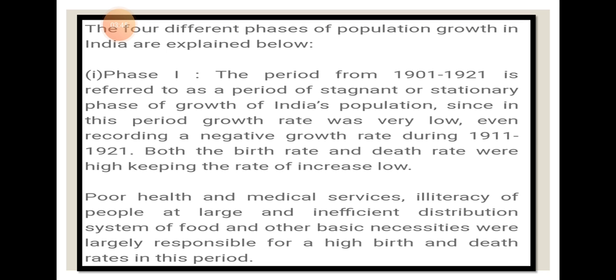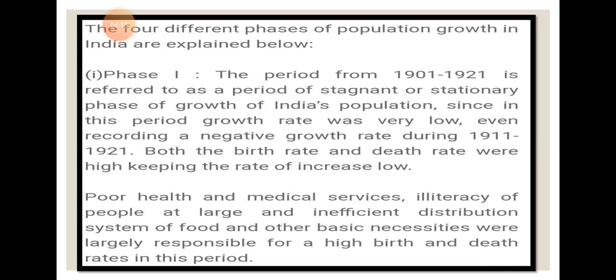This first phase is referred to as the stagnant period, as I said, and the period was 1901 to 1921. In this phase, India's population growth rate was low. It even recorded a negative growth rate during 1911 to 1921. At this time both the birth rate and the death rate were very high.